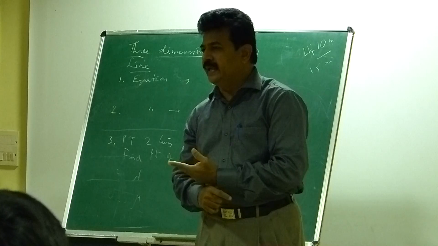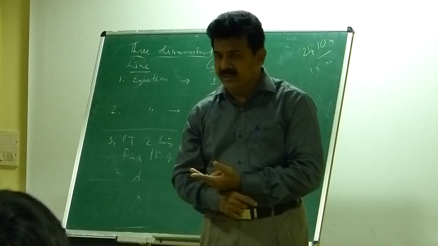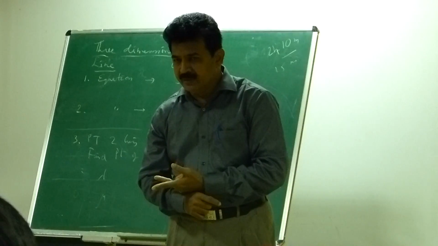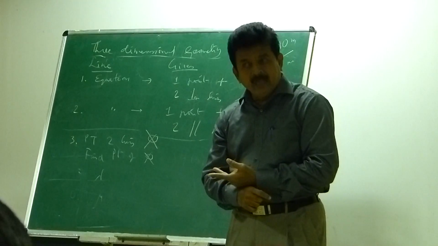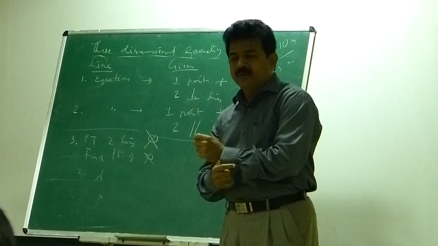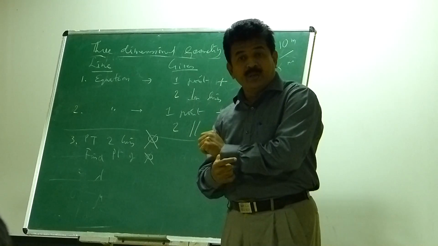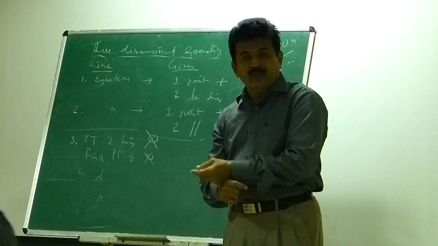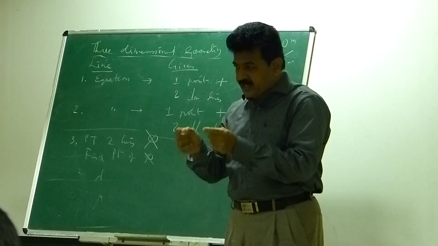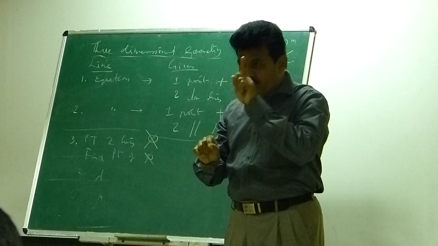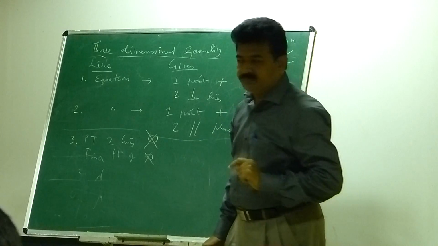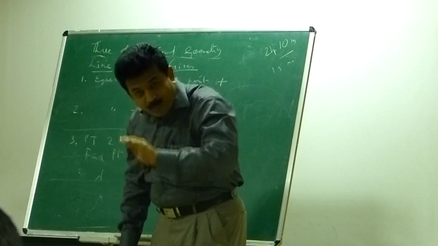So you will take the x coordinate and y coordinate equations. You will not touch z. So you will solve for lambda and mu. Substitute lambda in line 1, get z1. Substitute mu in line 2, get z2. If z1 and z2 also coincide, it is the proof that they intersect. That is also the point of intersection.